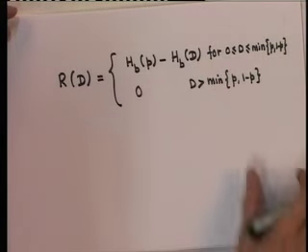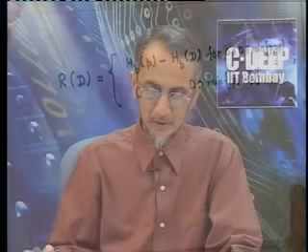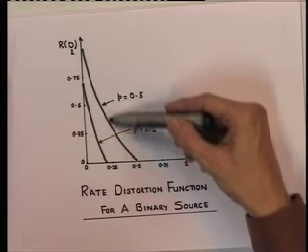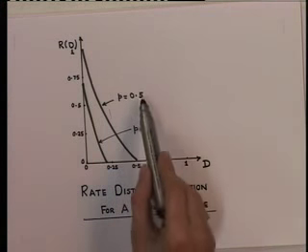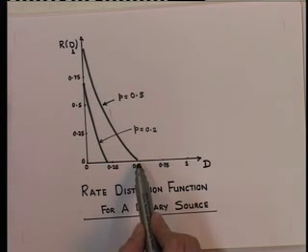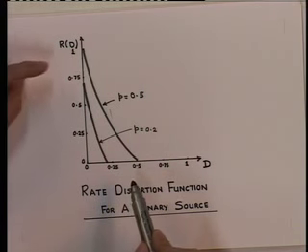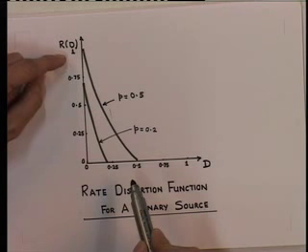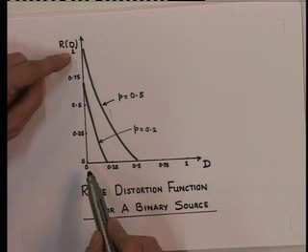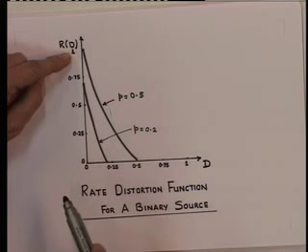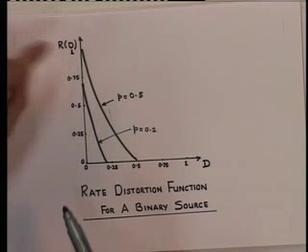Now, this function is illustrated in the figure. So, it is a monotonically decreasing function. For p equal to 0.5, the maximum value of distortion for 0 rate is equal to 0.5, and the maximum value of the rate for 0 distortion is given by the entropy of the source for p equal to 0.5, which is equal to 1.